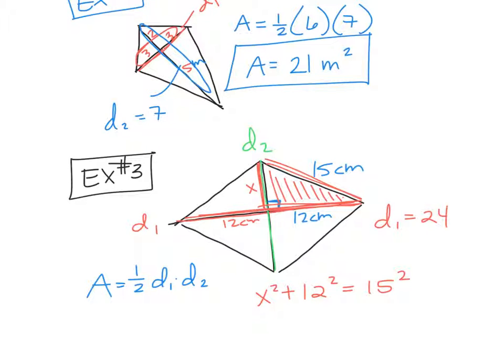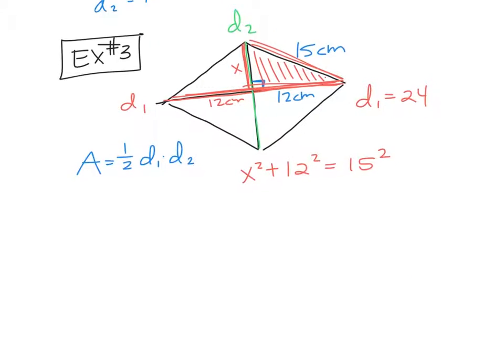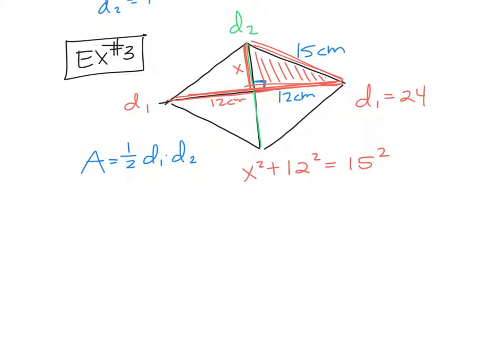And then it's just a matter of solving, doing the algebra here. So if we do 15 squared minus 12 squared, what does that come out to? 81. So you get x squared equals 81 if you take away the 12 squared from both sides. And then you just need to square root that, and you get x equals 9.